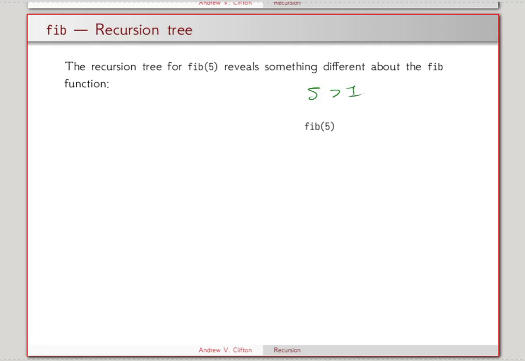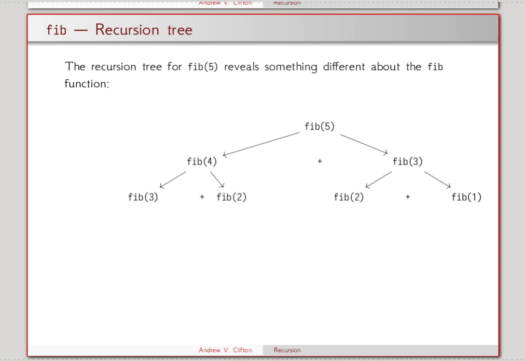So we're going to recursively break this down into 5 minus 1, which is 4, and 5 minus 2, which is 3. So this splits the recursion tree into two recursive function calls, fib4 and fib3. But then each of those splits as well. Fib4 splits into 3 and 2, fib3 splits into 2 and 1.